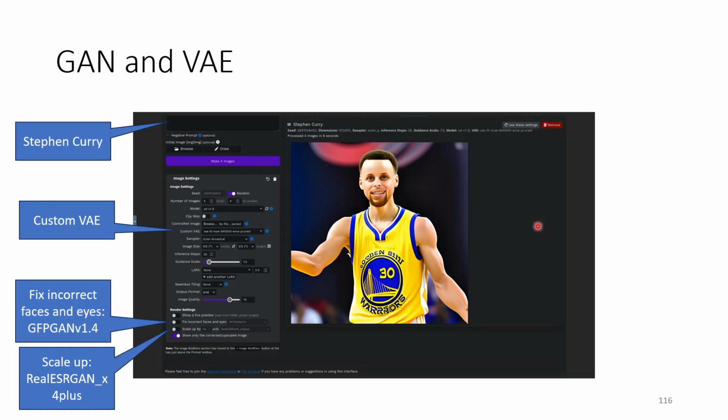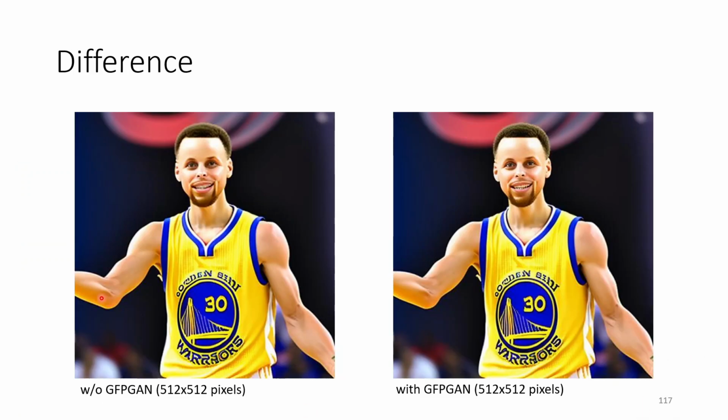If I use Stephen Curry as an example, then you will see the custom VAE and the correct face and eyes used again. If this is the image generated by Stable Diffusion, and if I use GFPGAN, you will get another image.